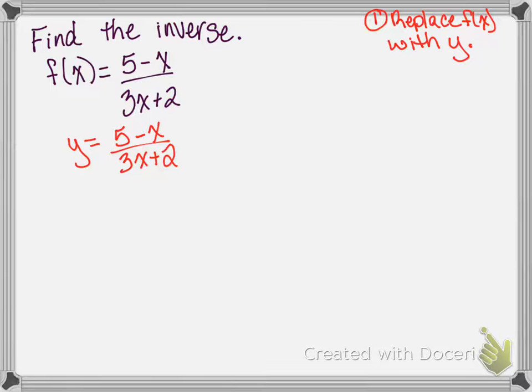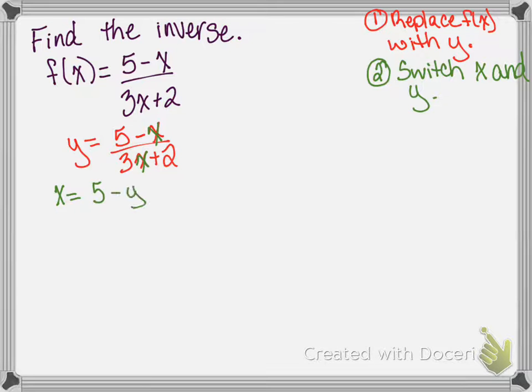My second step is to switch x and y. Now, do you see how I have two x's right there? You're putting y in for both of those. Anywhere there's an x, you're putting a y. Anywhere there's a y, you put an x. So I'm going to have x equals 5 minus y over 3y plus 2.